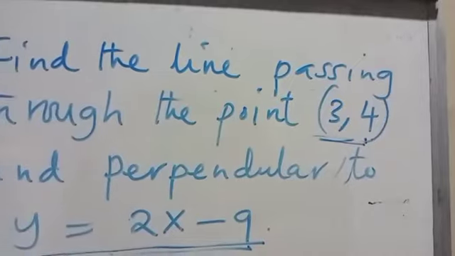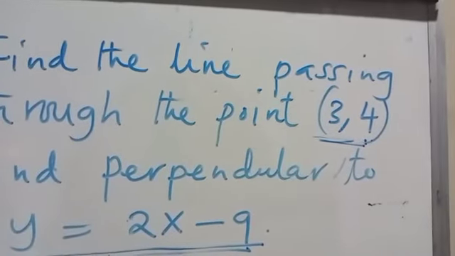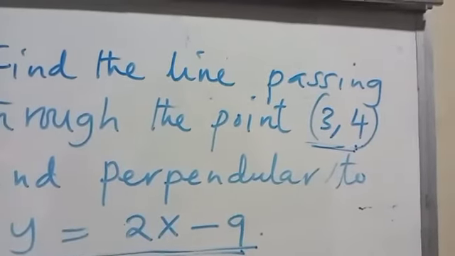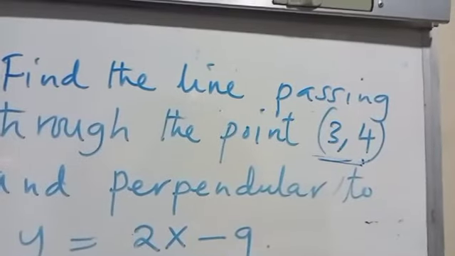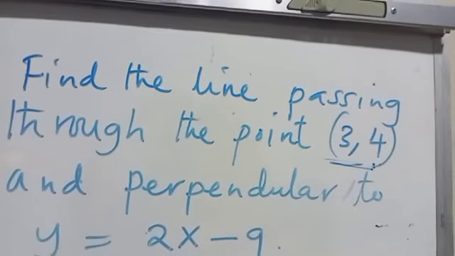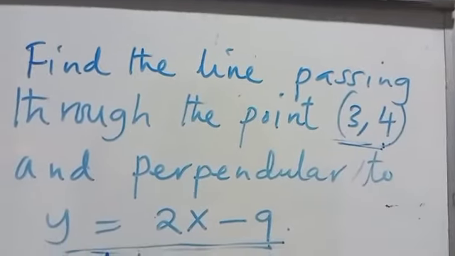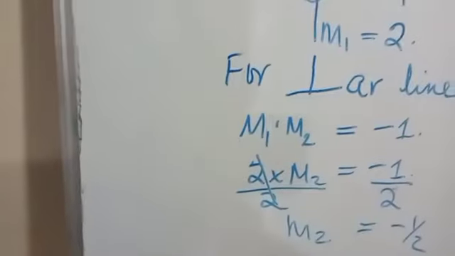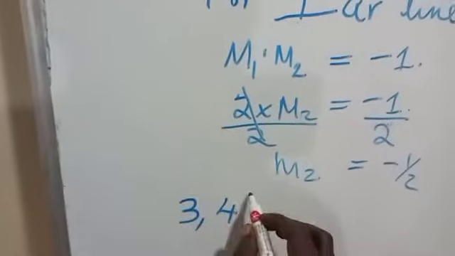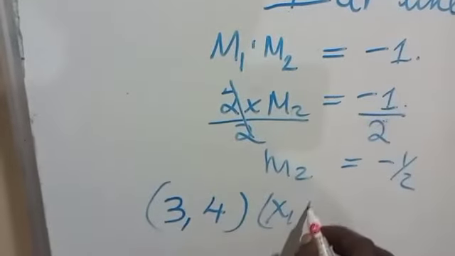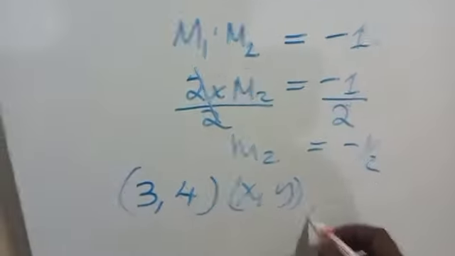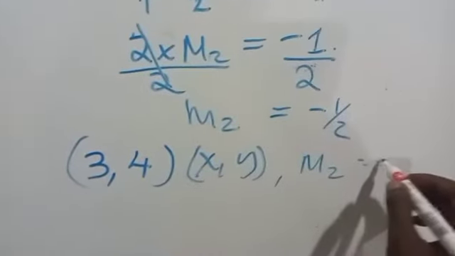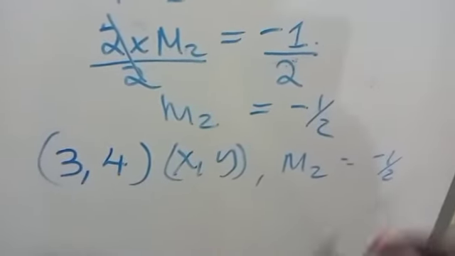We normally let another point be (x, y) when we are just finding the line passing through a given point. So here we can say that our points are (3, 4) and (x, y), and we have slope 2, which is equal to -1/2.